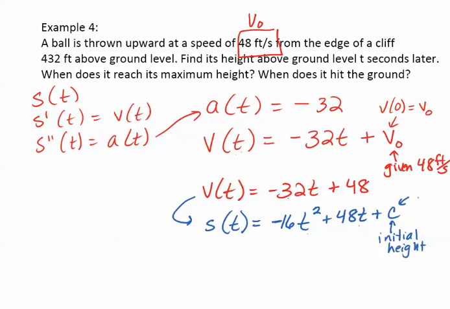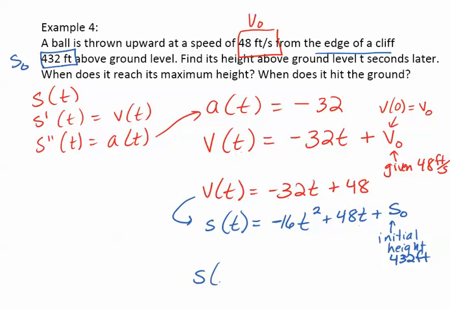So a better name for that one could be s sub 0. So were you throwing the ball from ground level, then s sub 0 would be 0 at ground level. But we weren't here. We were leaning over the edge of a cliff. So our initial height was 432. So this was given to be 432 feet.